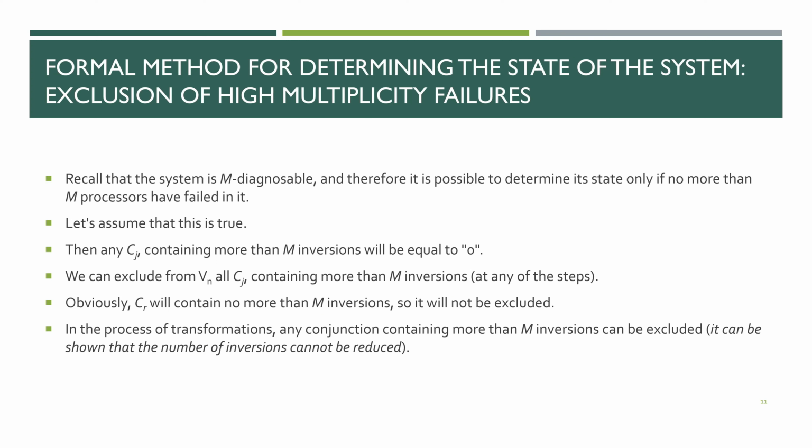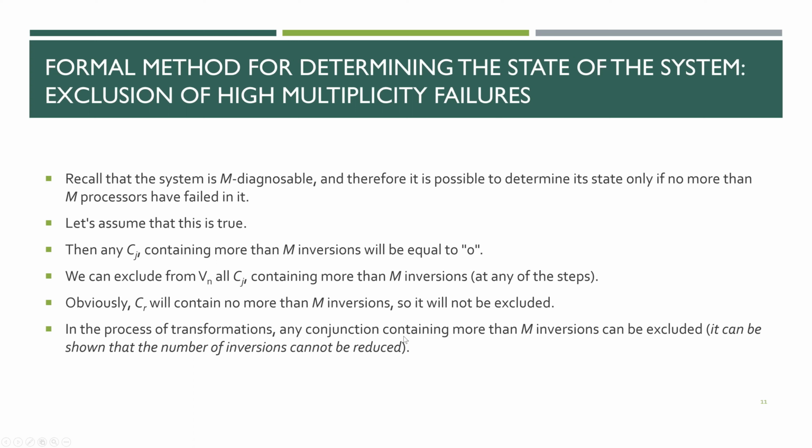So we can exclude all of them which contain more than m inversions at any of the steps. Obviously, CR will contain no more than m inversions because it corresponds to the real state where no more than m processors are faulty. So this conjunct will not be excluded.